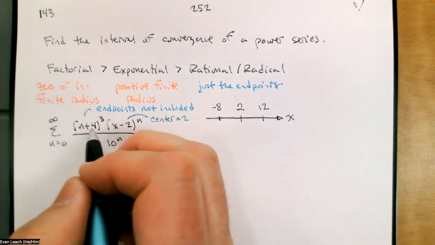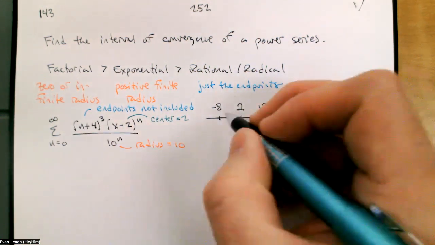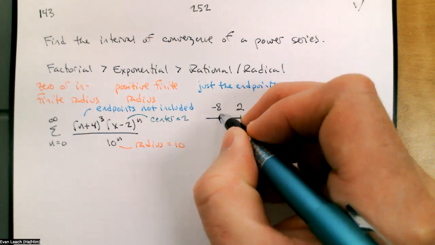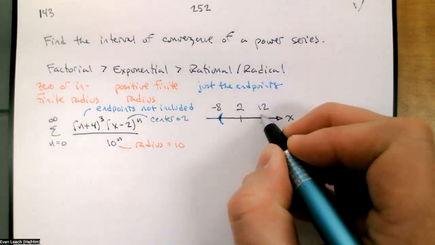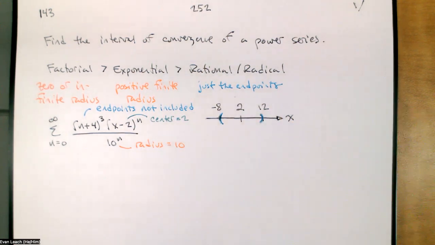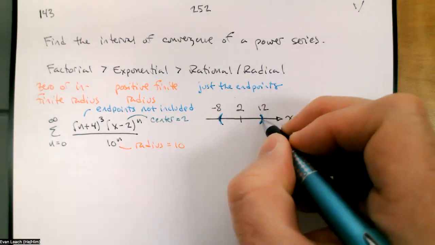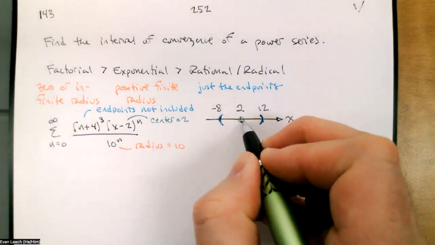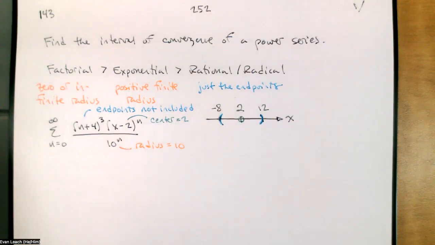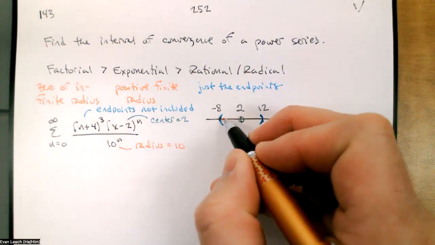Since the n cubed is going to be in the numerator, one endpoint will be an alternating n cubed, which diverges. The other endpoint will be just an n cubed, which diverges. So at both endpoints, we have divergence, but then we have convergence all throughout the middle.